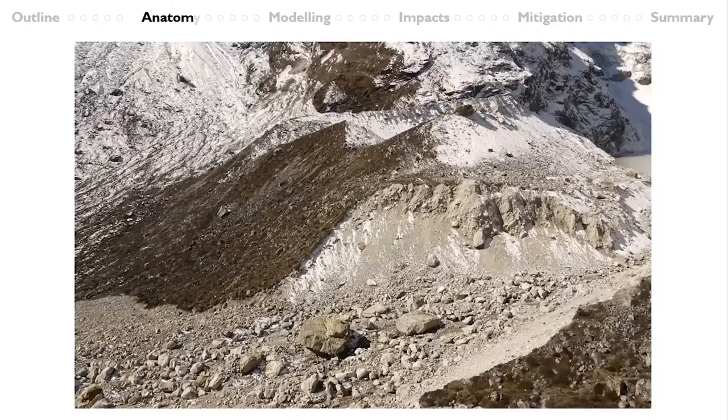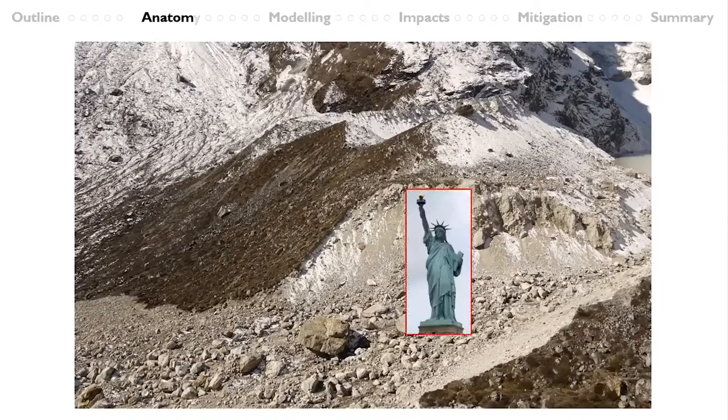To give you some context of how large this breach is, which you can see towards the bottom right of the moraine, you can actually fit the entire Statue of Liberty in this breach. These are huge, and you really feel quite small, and it's staggering the amount of force and energy that would have been expended to erode a breach of that size through a moraine dam.